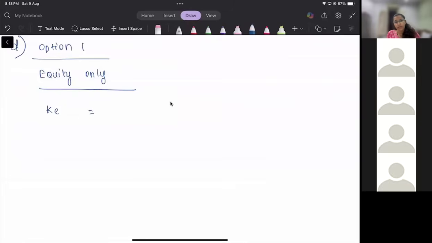How will we find out KE? When reading the question itself, we had already discussed that they have given us the details to find out KE under the CAPM method. Right? What is the formula? RF plus beta into (RM minus RF). What is RF? Risk-free return. Beta is given in the question.